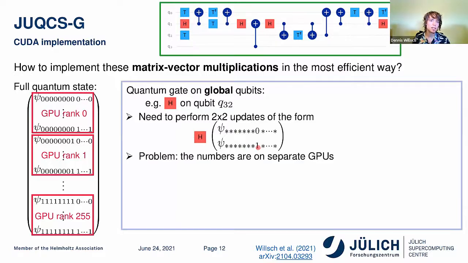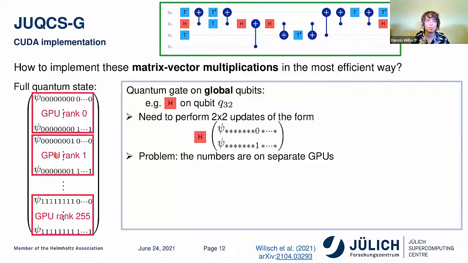And we see that those pairs of two numbers that need to be combined are on separate GPUs. For example, the one which has a 0 here is here, and the one which has all of these indices given by the same 0 and 1, but only this one 1, is down here. So during the simulation, we would, for example, need to combine this number with this number, and those are on separate GPUs, possibly even on separate compute nodes.